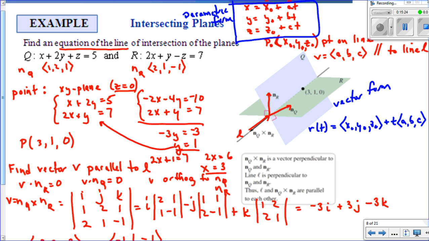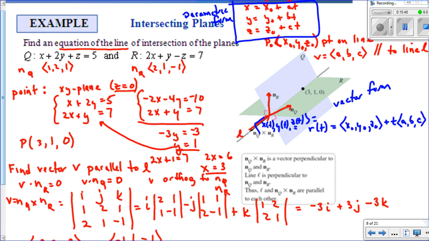Remember, R of t is just the x, the y, and the z of t. And so looking at each of the components is actually giving you that parametric form.